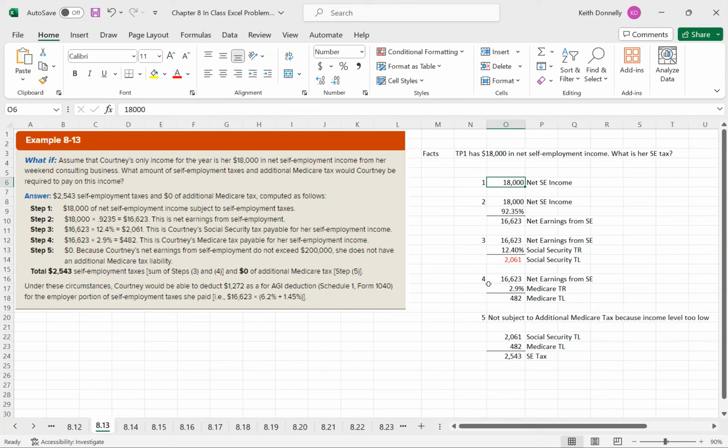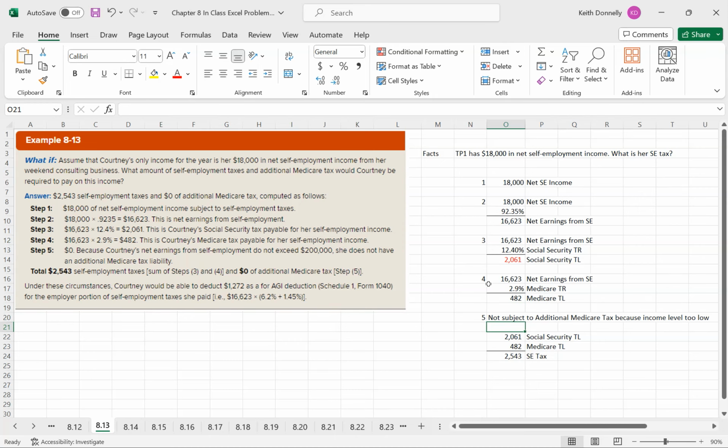We have an individual who has $18,000 of net self-employment income. So say they had 20 grand of revenues and 2 grand of expenses on their Schedule C, which lands at 18. Multiply that by 92.35%, gives us 16,000. Figure out the Social Security portion, figure out the Medicare portion, add them together, right?